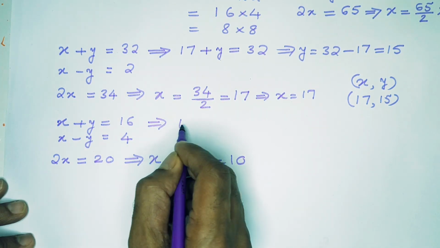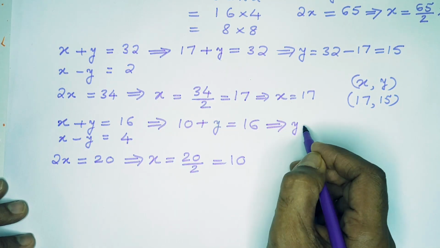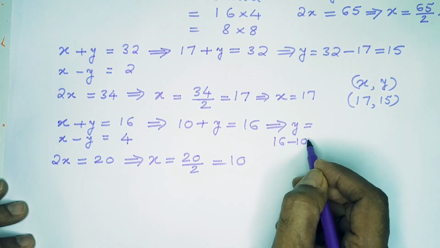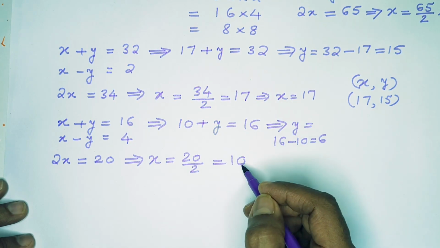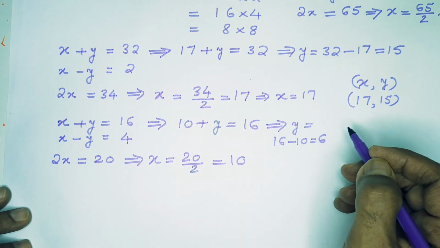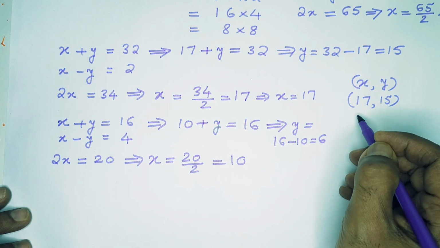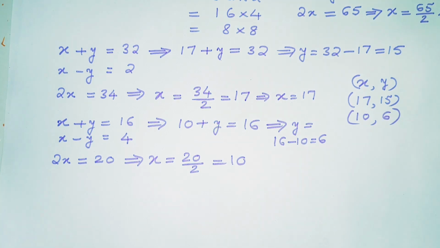So you have 10 plus y is equal to 16. That means y is equal to 16 minus 10, and that's equal to 6. Both these solutions are natural numbers, so it's a perfectly valid solution. Let me write those values under this. x is equal to 10 and y is equal to 6. This is the other solution. Now we got two pairs of solutions.